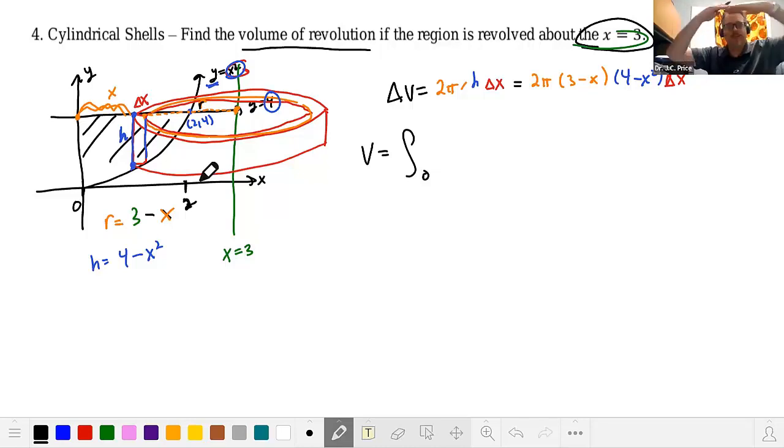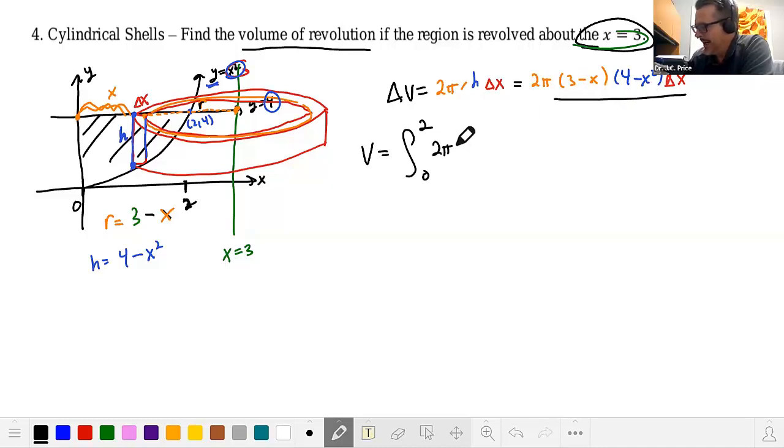If it went like this, that would be moving with the y, but it moves like that, so it's moving with the x. So it's going to go from 0 to 2, and you can also see that because everything's in terms of x. And then it's 2 pi times 3 minus x times 4 minus x squared, and then my deltas become a d, so dx. And so there's the integral that gives me the volume.